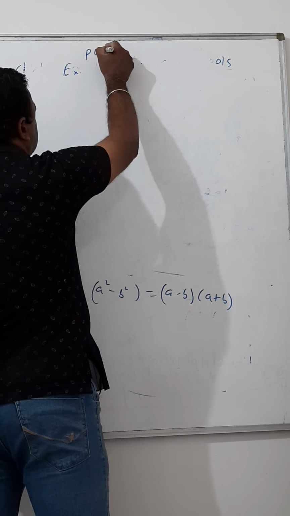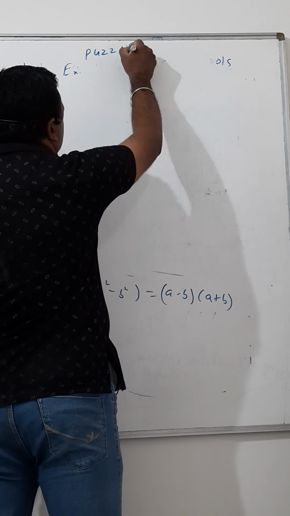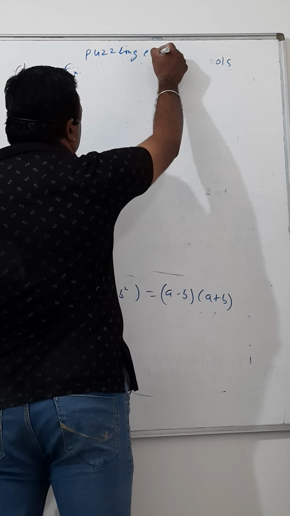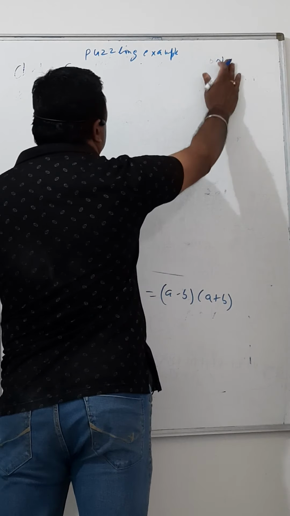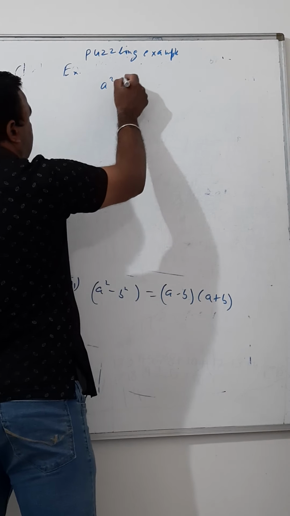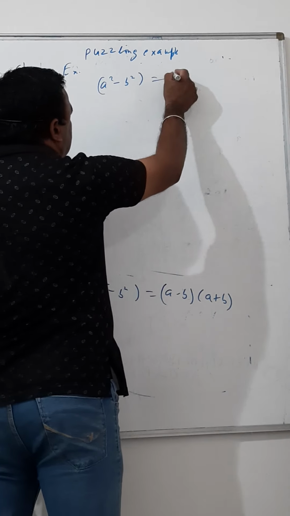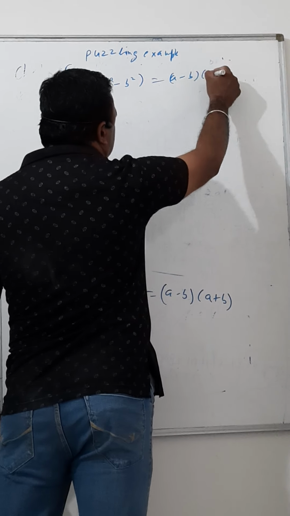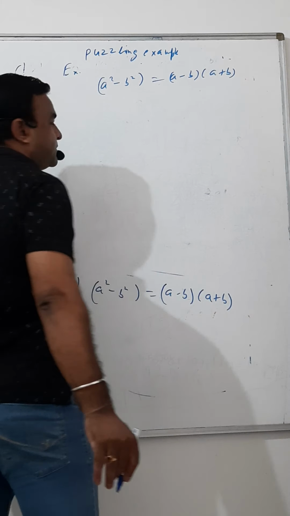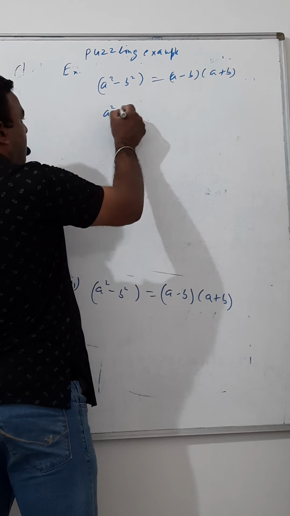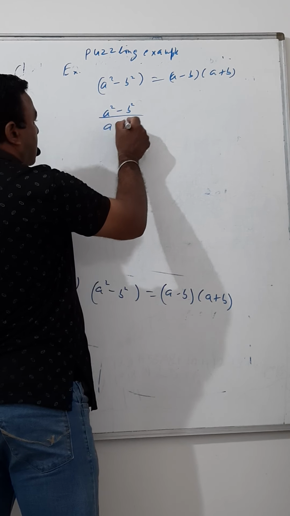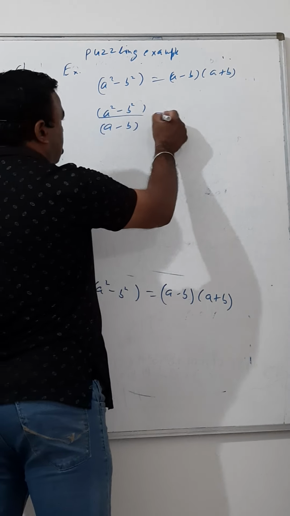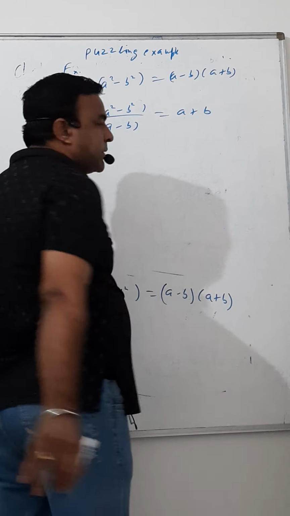Say a puzzling example. I have a square minus b square is equal to (a minus b)(a plus b). Right, (a square minus b square) upon (a minus b) is equal to a plus b.